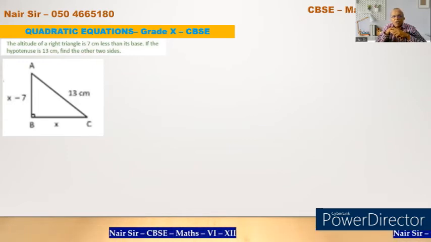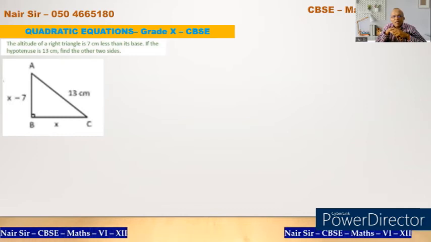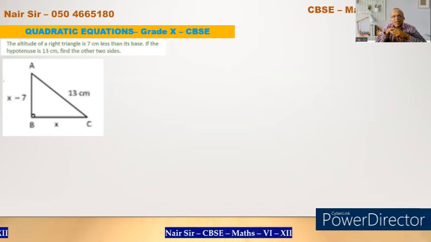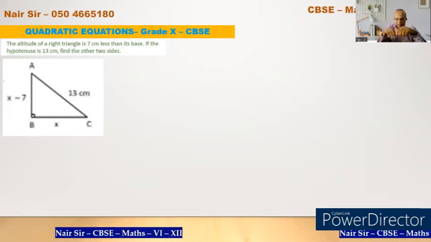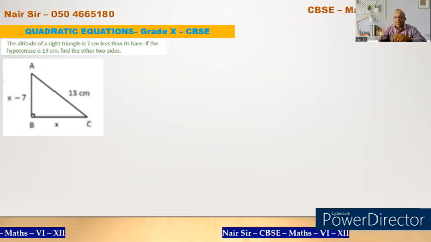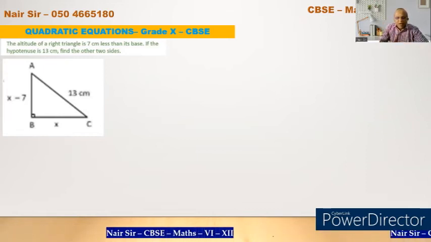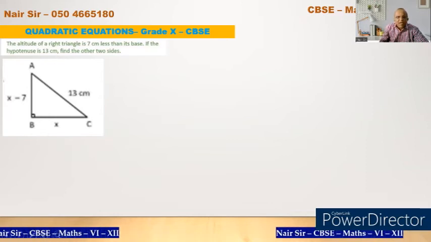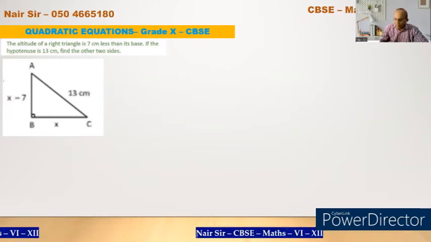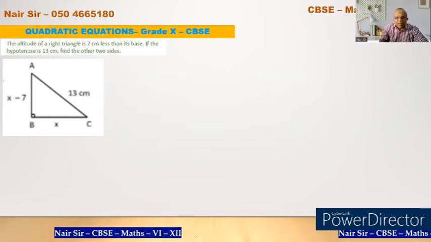How did I draw this? I've been given that the altitude of a right angle triangle is 7 less than its base. I went on drawing a right angle triangle straight. After drawing it, I assumed that the base is x, and I know that the altitude is 7 less, so it is x minus 7.